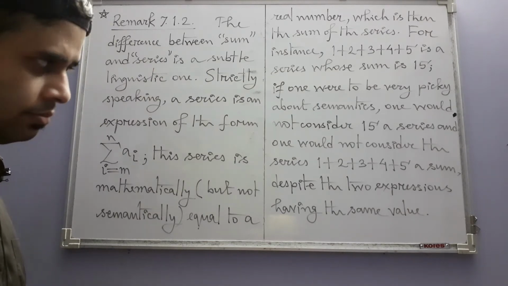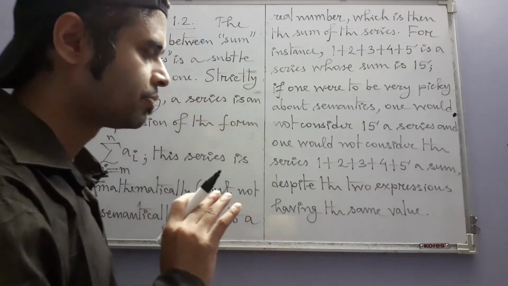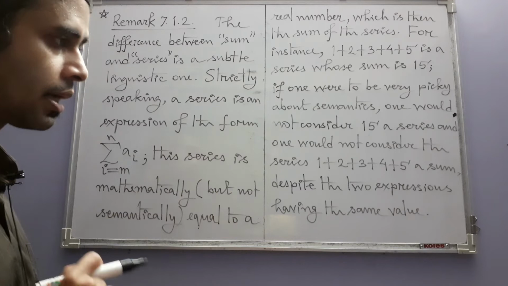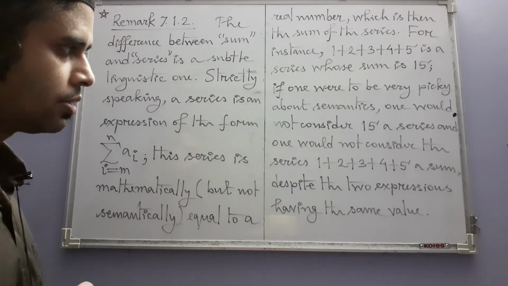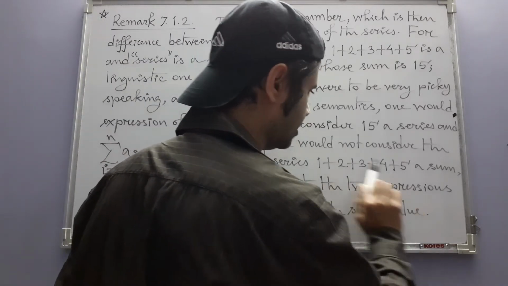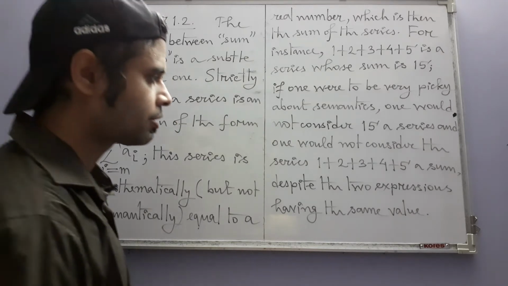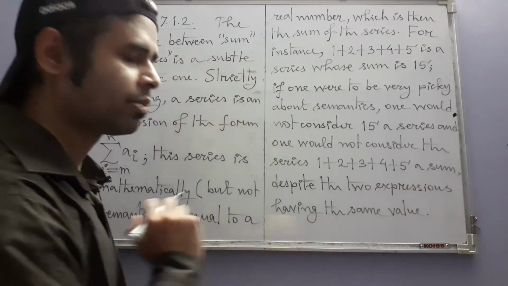The distinction between these two things may not be so apparent here in the case of a finite series. However, for infinite series it will be very apparent, because here there is already a meaning to this sum. It's not just an arbitrary combination of mathematical symbols.